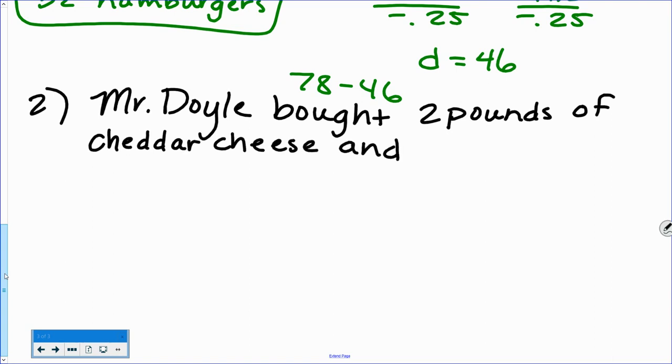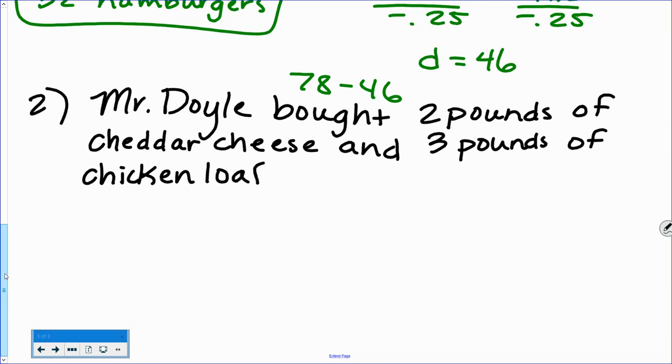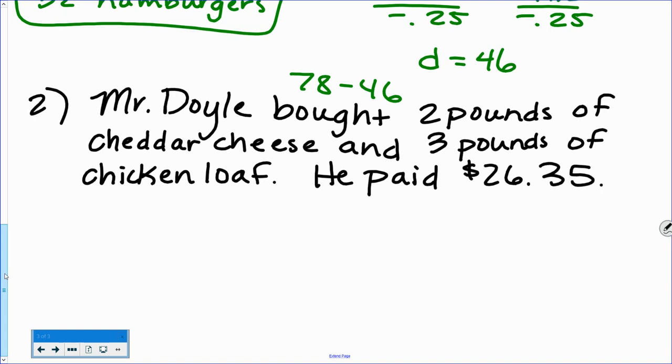And 3 pounds of chicken loaf. He paid $26.35 for his cheese and chicken loaf.